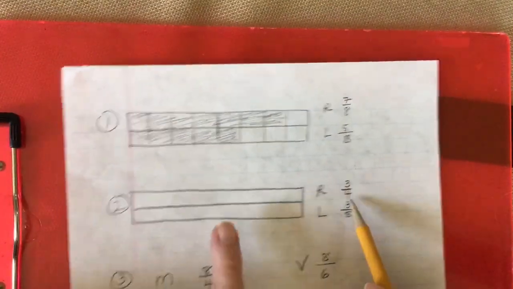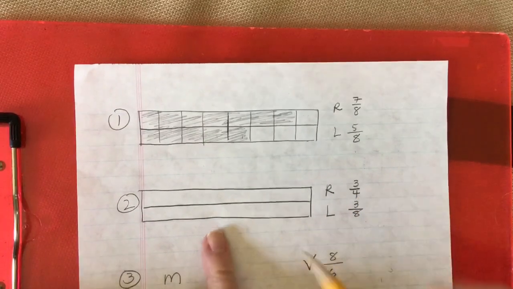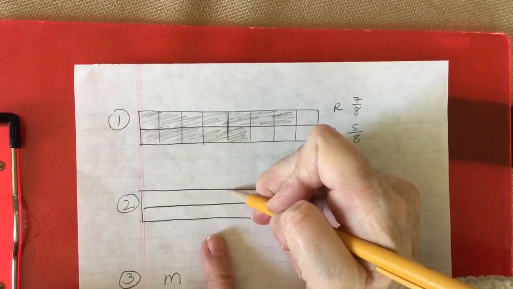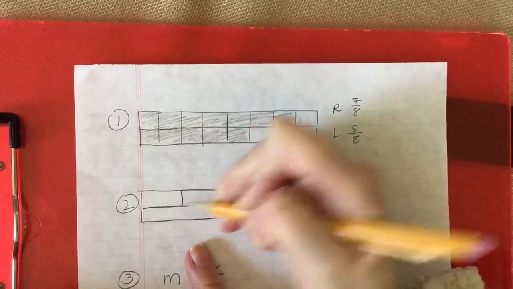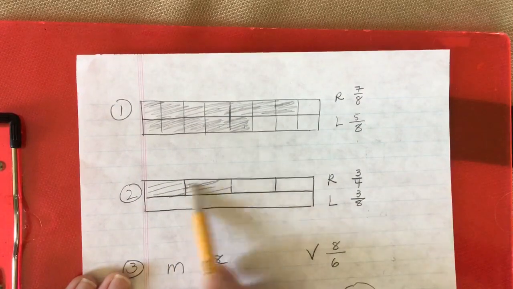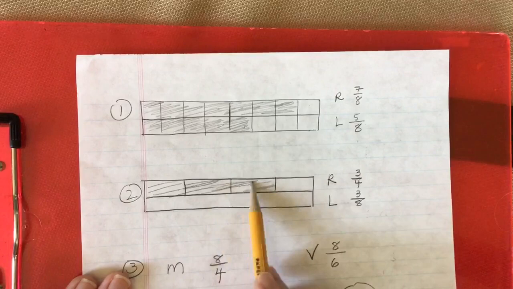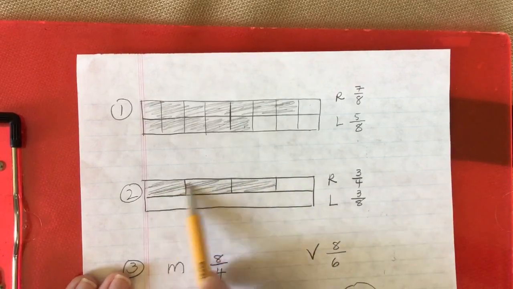So if I'm dividing Rosa's into fourths, it's kind of like what we did up above. I'll divide it in half and divide each half in half, right? That's fourths. And hers is 3 of those. 1/4 plus 1/4 plus 1/4 is 3/4.